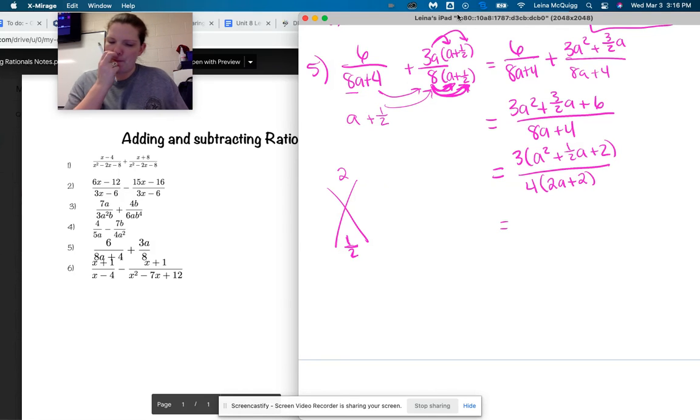Oh, it's not going to work. So I would need to do 3/2 times -1. Oh, I'm subtracting. Hold on. Typed it in wrong. Used the wrong negative sign. Okay.